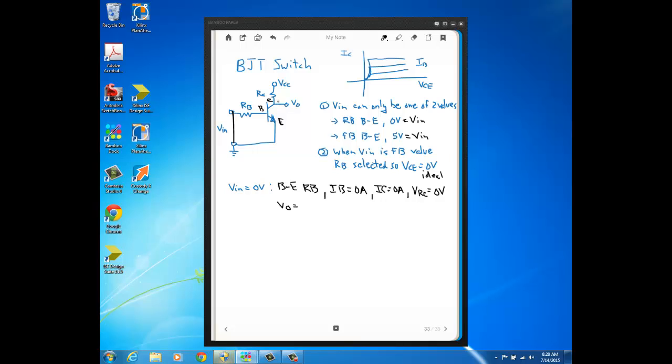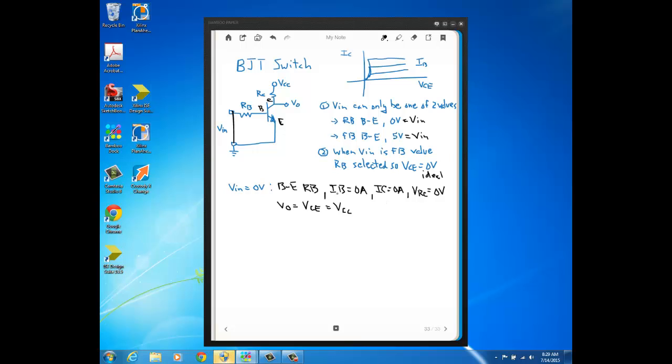So Vout with respect to ground is the same as VCE. Well, that would just be equal to VCC since there's 0 volts dropped across RC. Okay, so ideally this is what we have.